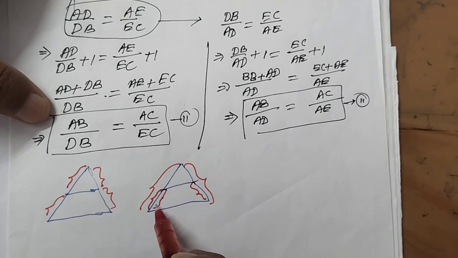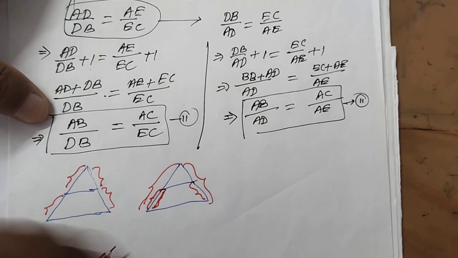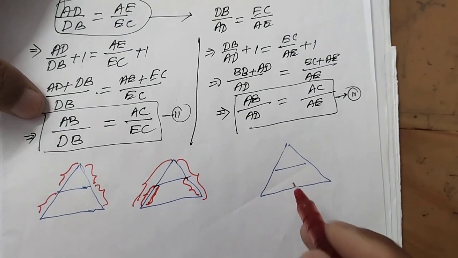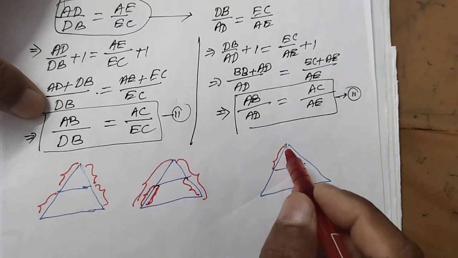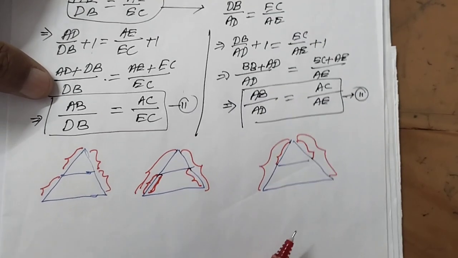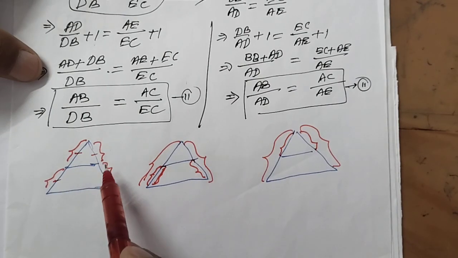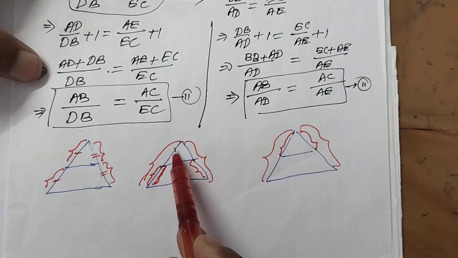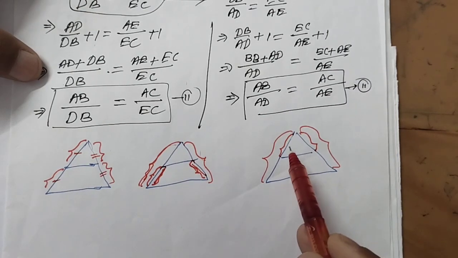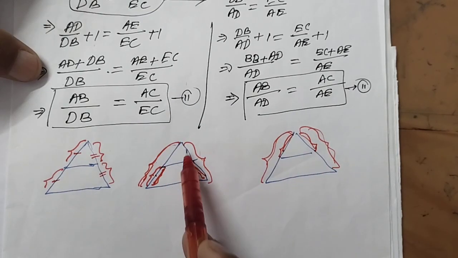Better mark here: whole by this and whole by this. And in the third case, you are writing the same theorem in 3 different forms: this by this equals this divided by this. See these 3 diagrams, the concept will be clear. Here this side by this side, and here this whole by this, whole by this, corresponding. And here whole by upper portion, whole by upper portion, and here whole by lower portion, whole by lower portion.